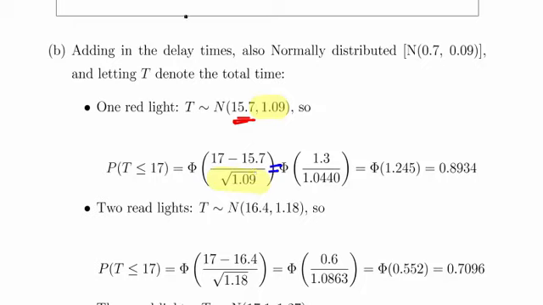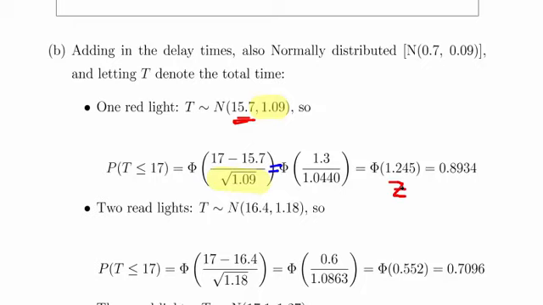And the mean is 15.7. So 17 minus 15.7 is 1.3. 1.3 divided by 1.044 is our z-score, and that is 1.245.